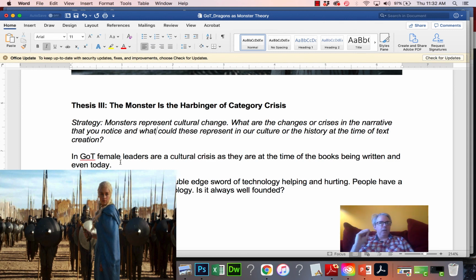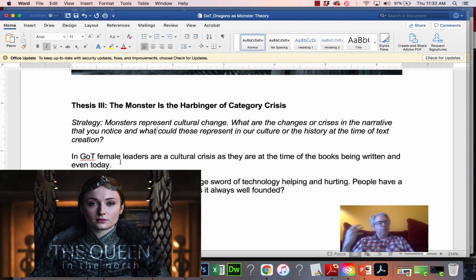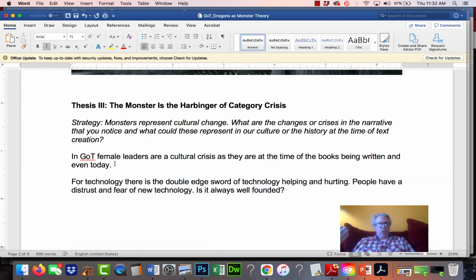Well, the books aren't done yet, but in the movies, I'm trying to think of the name of Stark, not Arya, Sansa Stark, right? And even within herself, you could tell that she has the makings of being a great leader, but she even had doubts within herself as if she could challenge Jon, and when he even recognizes that she would be a better leader for the Starks than he was.